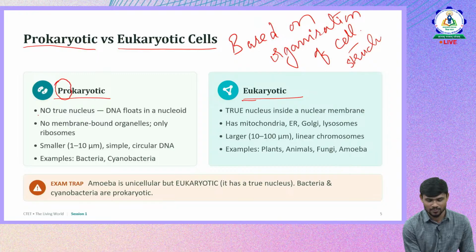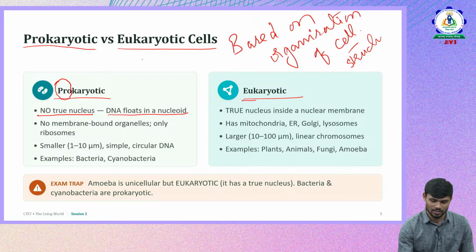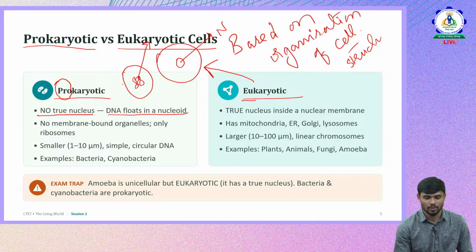The difference is prokaryotic cells don't have a proper nucleus, so DNA will be floating in the nucleoid. If these are two cells, the eukaryotic cell has a proper nucleus, whereas a prokaryotic cell doesn't have an appropriate nucleus.